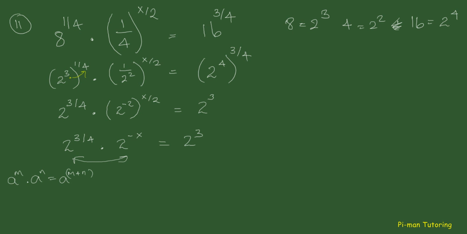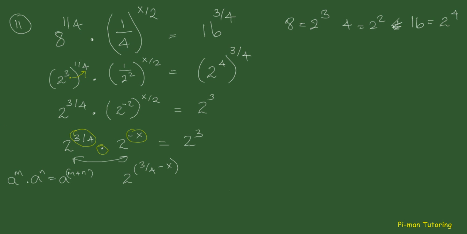So here 2 to the power of 3/4 multiplied by 2 to the power of minus x is simply 2 to the power of 3/4 plus negative x, so minus x. Don't be tempted, some people might be, to multiply these two together because they see a multiplication sign here. Remember, we're dealing with exponents, so when you multiply, you add the exponents.